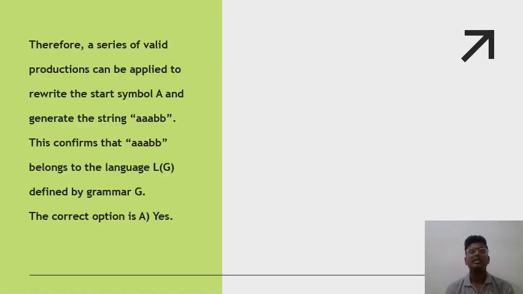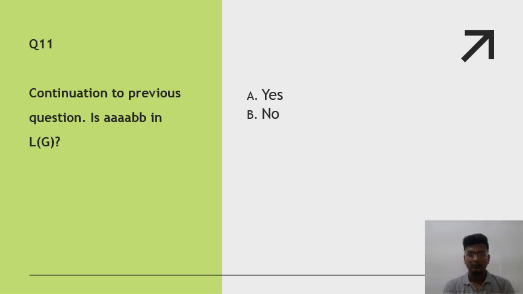Therefore, a series of valid productions can be applied to rewrite the symbol A and generate the string AAABB. This confirms that AAABB belongs to the language L(G) defined by the grammar G. So the correct option is A, yes. Okay, so question 11 of the multiple choice question series is also a continuation of the ninth question.